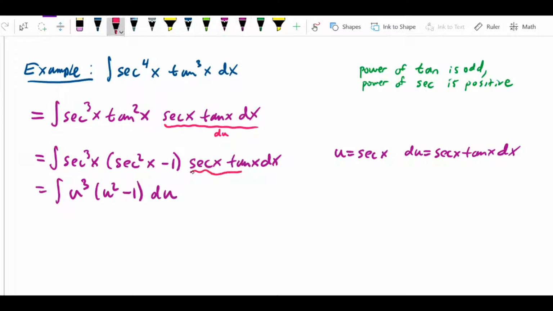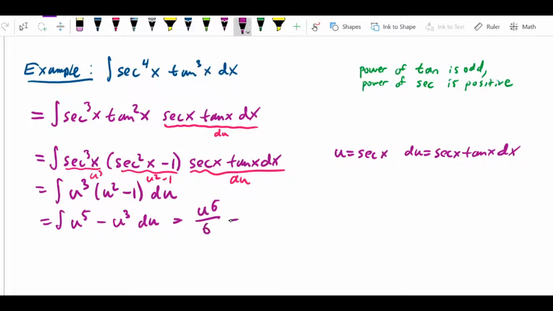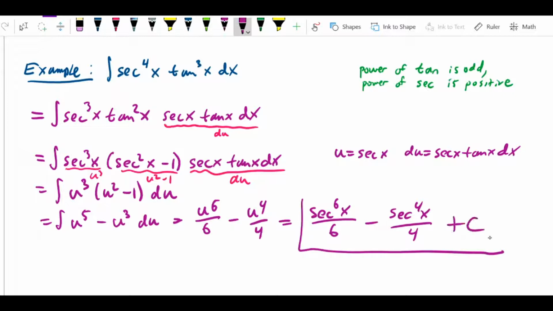This becomes the integral of u to the fifth minus u cubed du, which is u to the sixth over 6 minus u to the fourth over 4. Since u is equal to secant x, that becomes secant to the sixth x over 6 minus secant to the fourth x over 4. And the hardest part of the problem is the plus c.